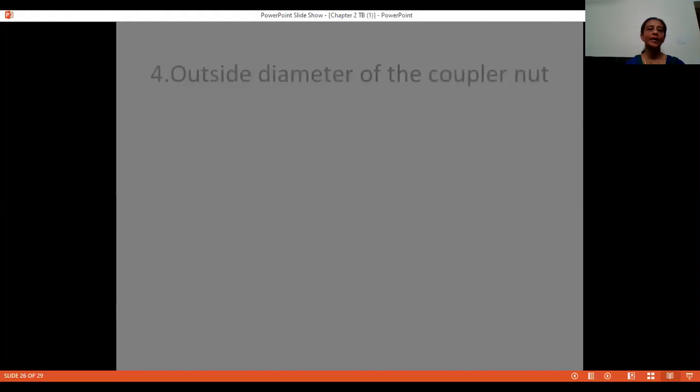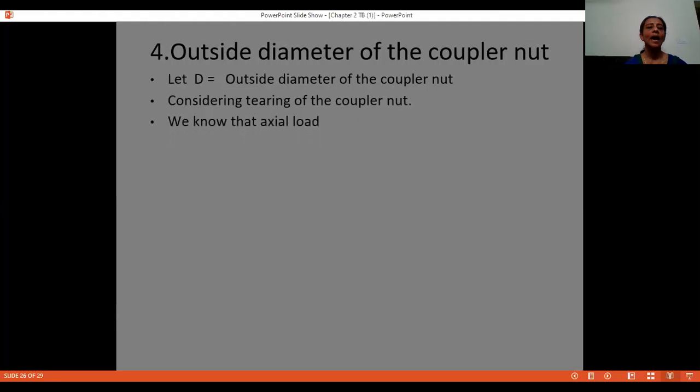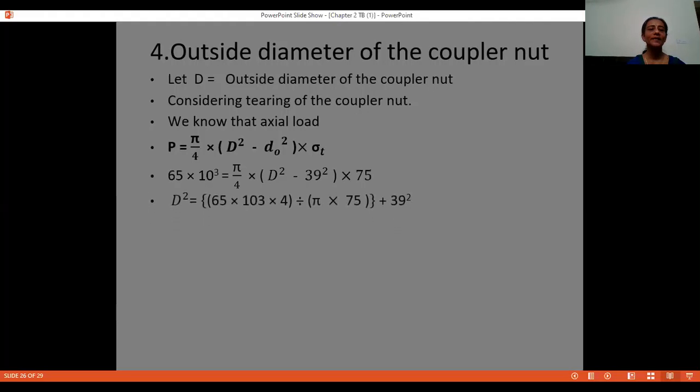Fourth step is to find the diameter of the coupler nut, capital D. For that we will be considering tensile failure, and strength equation is P is equal to pi by 4 into D square minus DO square into sigma T. Substituting values and rearranging the terms, we will be able to find capital D as 51.22 mm.